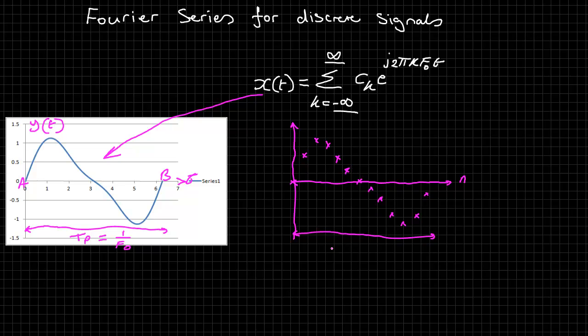So the period will be represented by capital N, and this will imply that the fundamental frequency is, of course, 1 over N. So the fundamental frequency is 1 over N. And let's be clear and write down that the period is capital N.